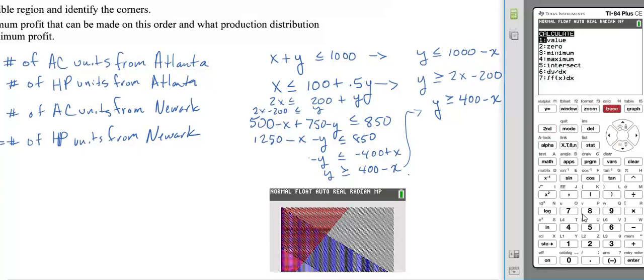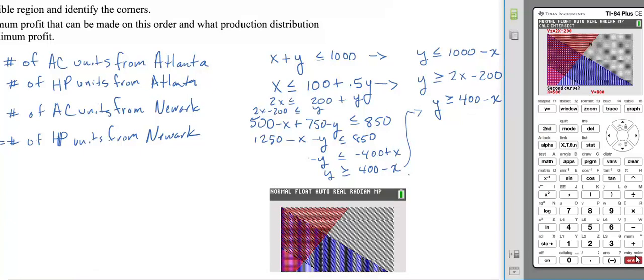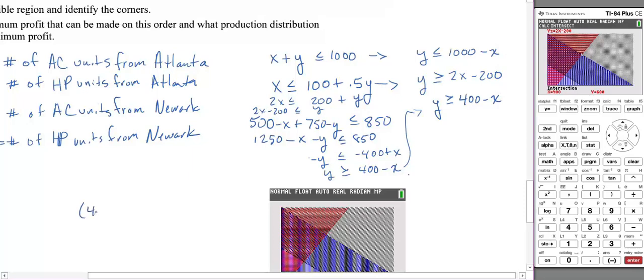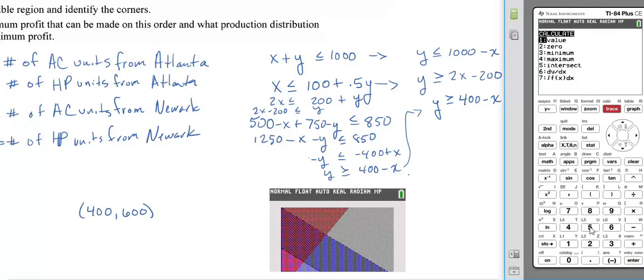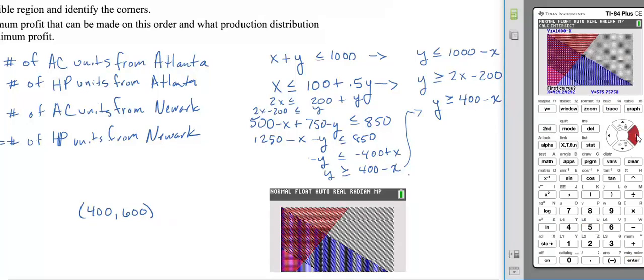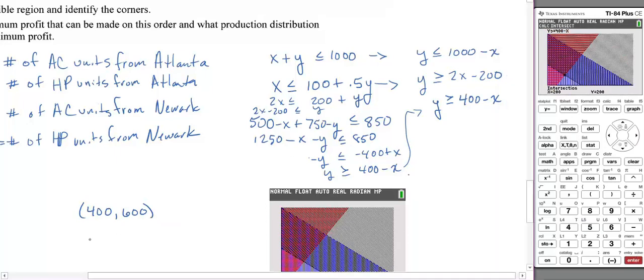We're going to calculate the intersection between y1 and y2. I get 400, 600. And then calculate the intersection between y2 and y3. And that's 200, 200.